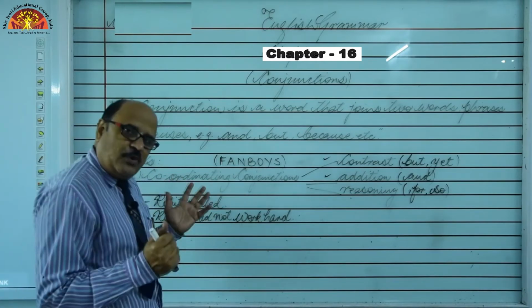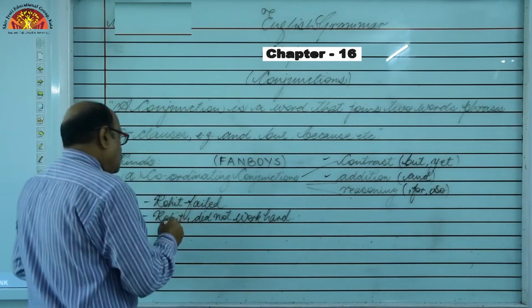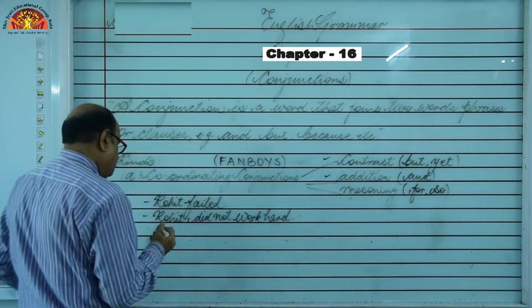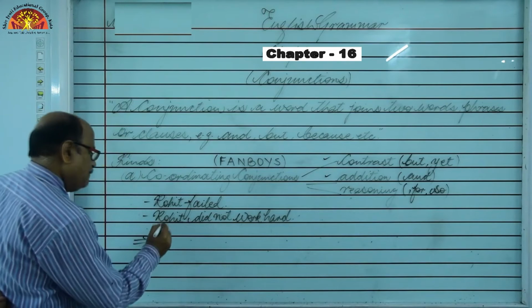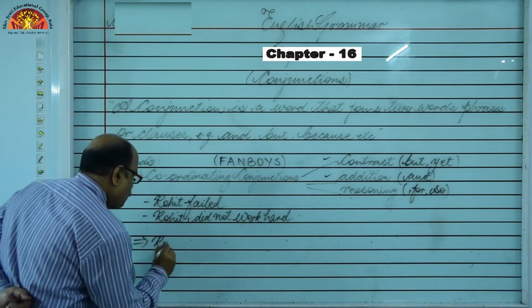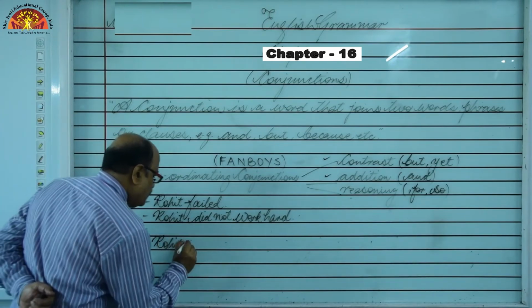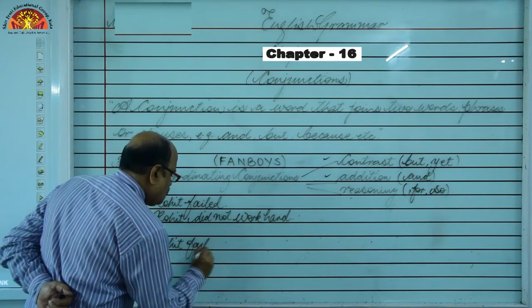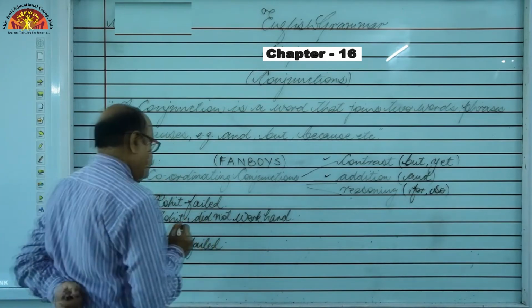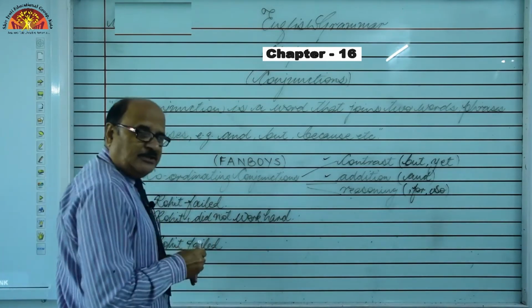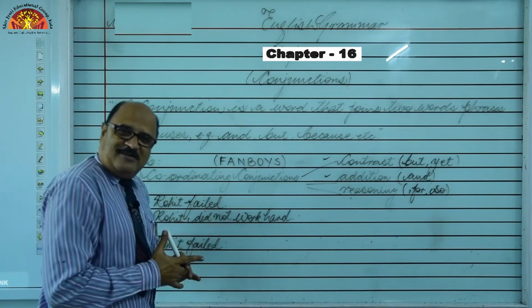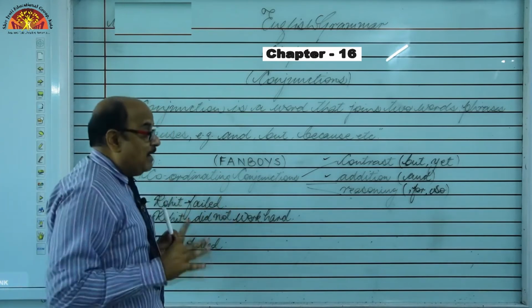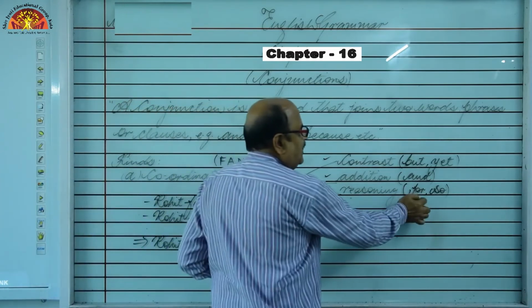So, how to? Look, Rohit failed. So, we can write Rohit failed. You must be thinking, sir, we can write Rohit failed because he did not work hard, right? You are right, but here we have to use either of them.